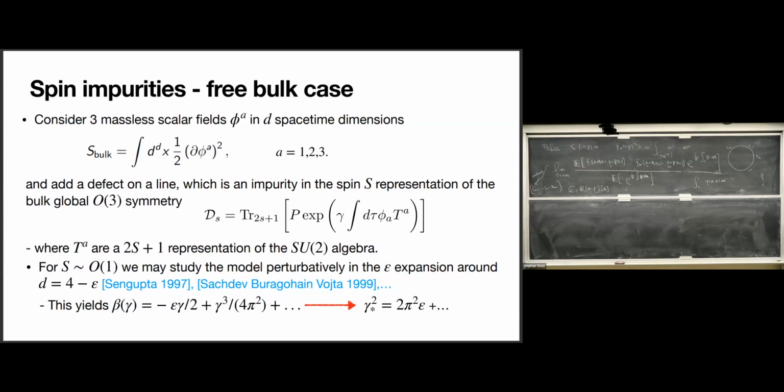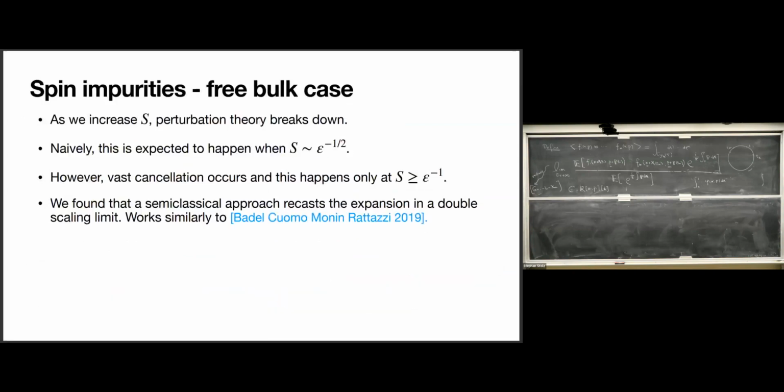Now, in general, it is clear that as we take the spin of the impurity to be big, ordinary perturbation theory will break down at some point. Intuitively, this is clear. It's because the factors that sit in front of Feynman diagrams are proportional to positive powers of the spin of the impurity, S. So as you take S to be larger, perturbation theory will break down at some point.